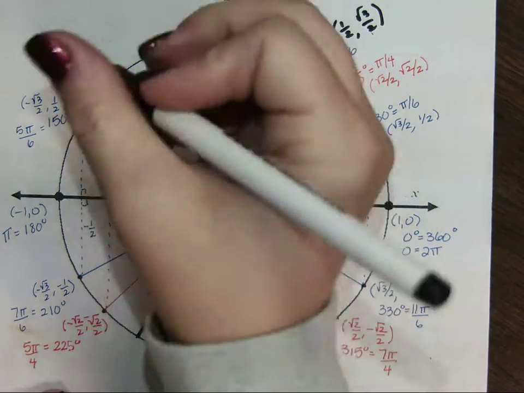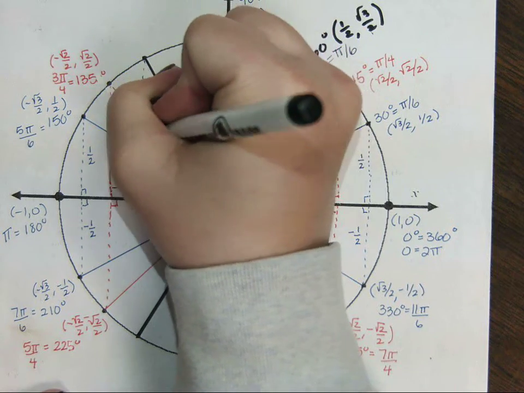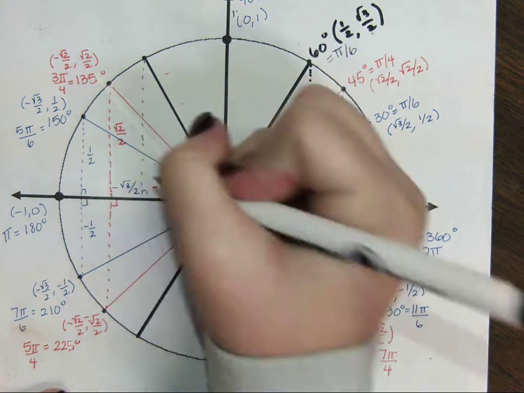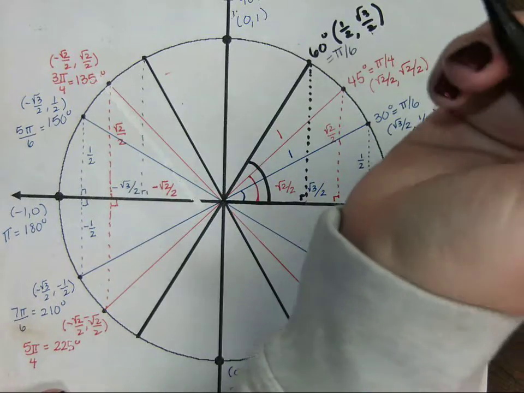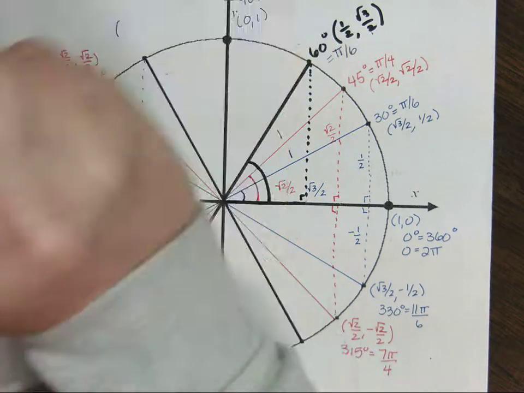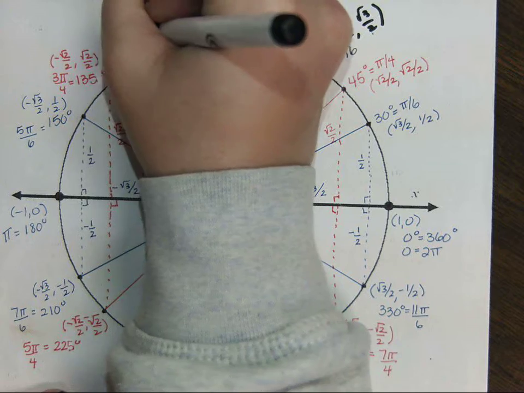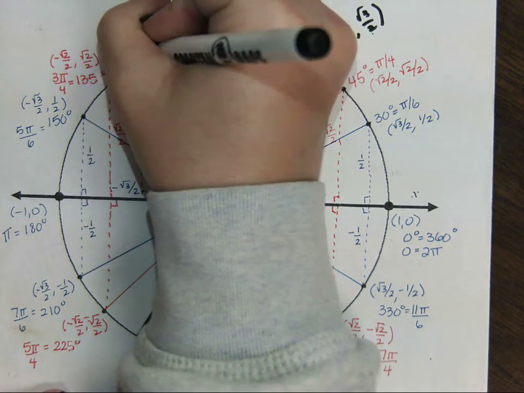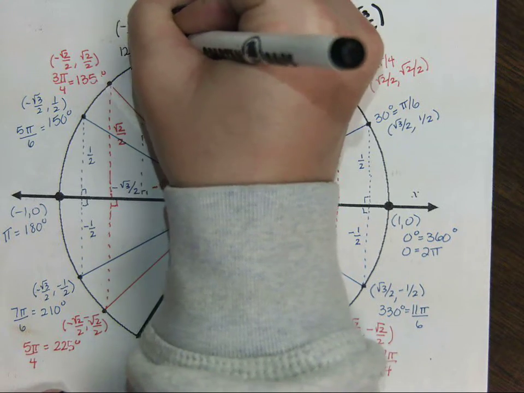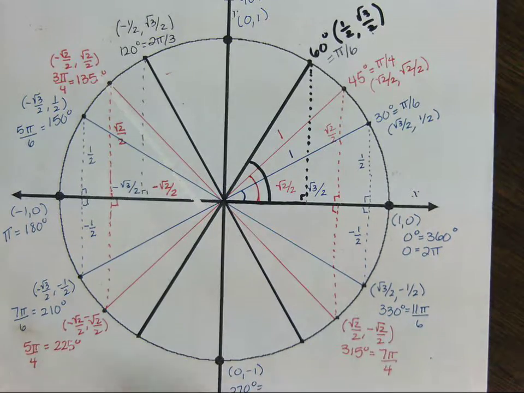And so we're going to flip that triangle around to get the remaining coordinates. And so again, when I flip that over this way, that means that I have a coordinate that is negative 1/2, root 3 over 2. And my increment is 120 degrees, or 2 of the pi over 3 increments.